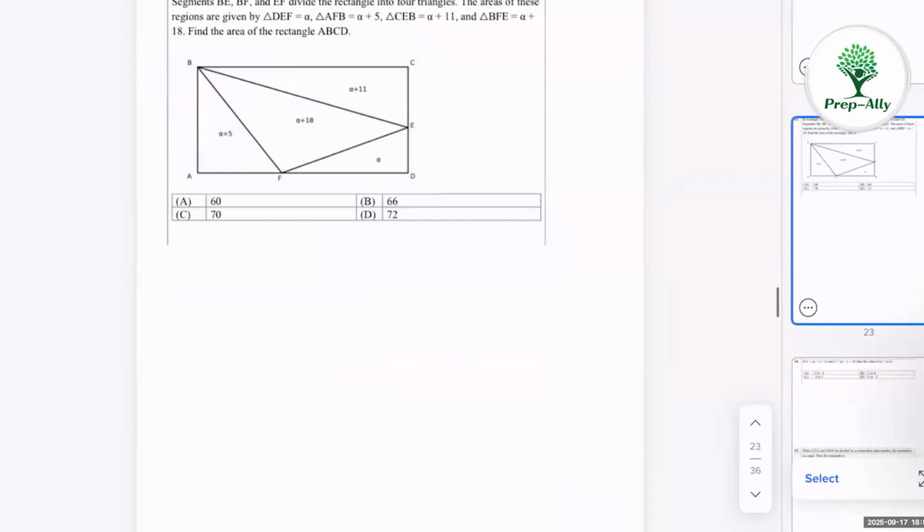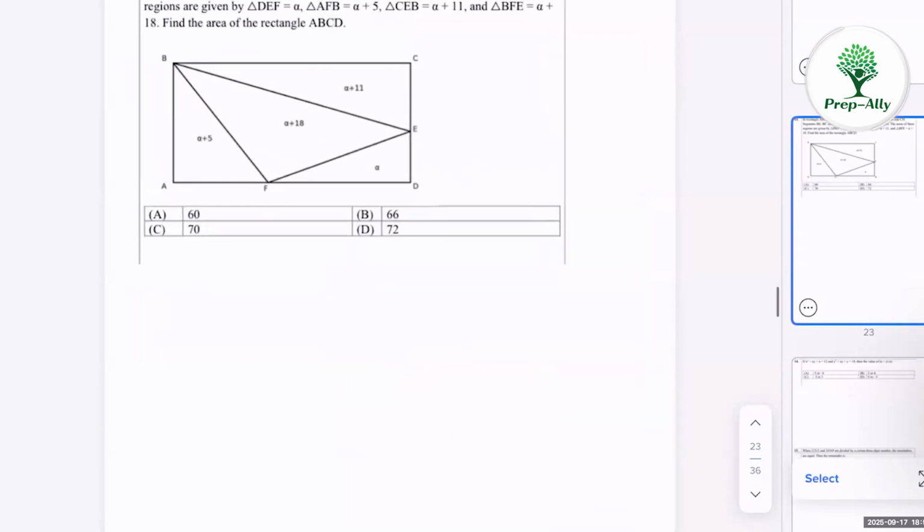Okay, let's look at this question, question number 13. All right. So we're given a rectangle ABCD in which a point F is chosen on AD, this point. And point E is chosen on side CD, so this point.